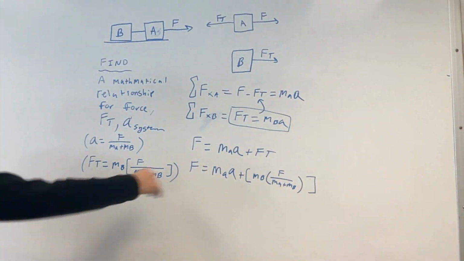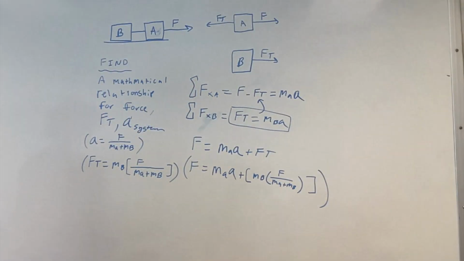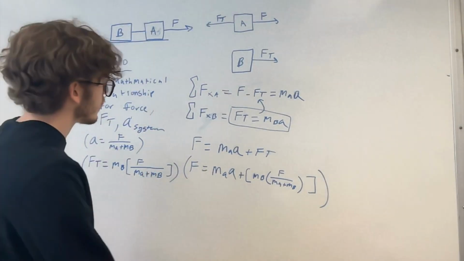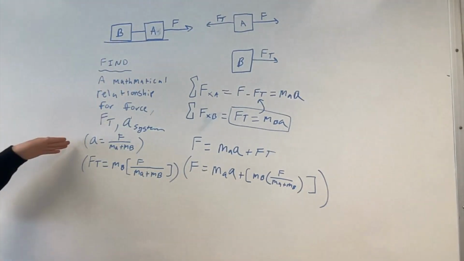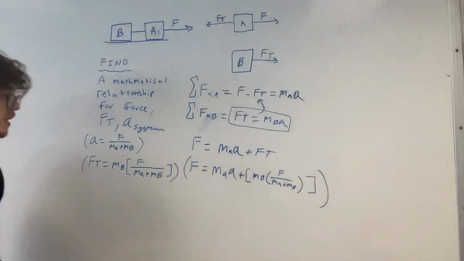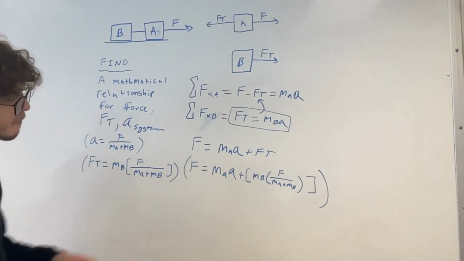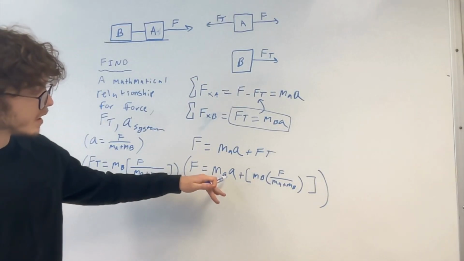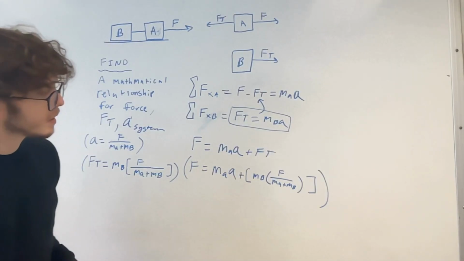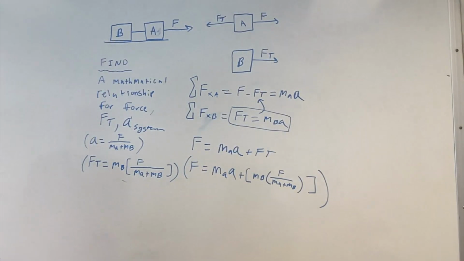We found all of our variables here, and this is just mathematical. If we had numbers, we could plug them in and find the forces. So acceleration is force over the mass of the system. Force of tension is mass of B times force over mass of system. Force is equal to mass of A times acceleration plus the force of tension term. So hopefully that makes sense.